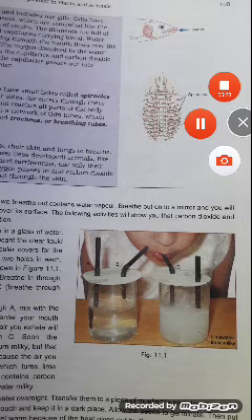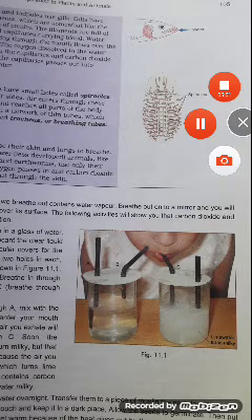The sum total of these reactions can be expressed as follows. Glucose reacts with oxygen, giving carbon dioxide, water, and energy.